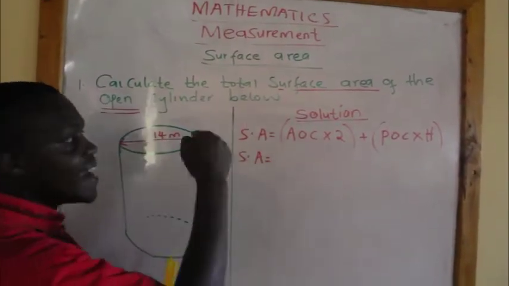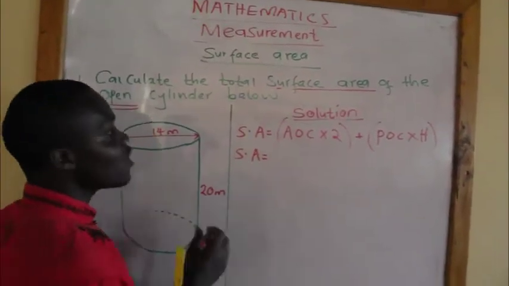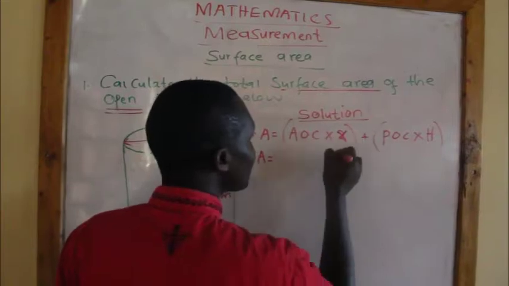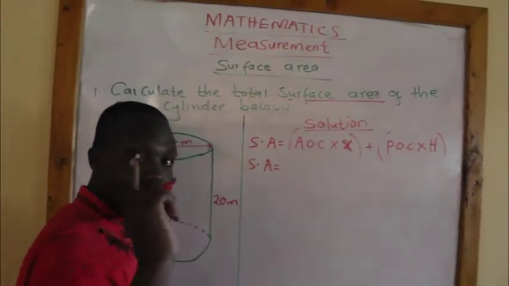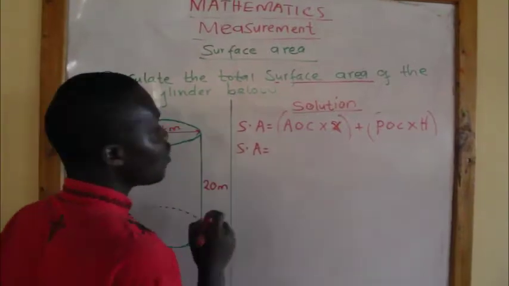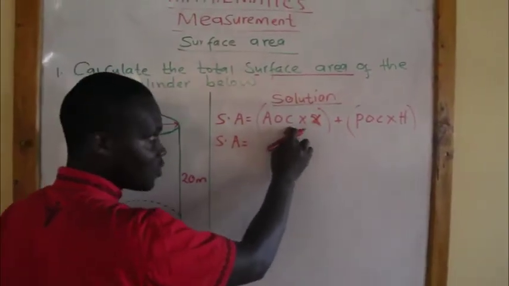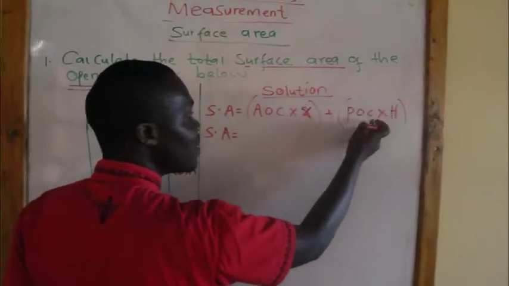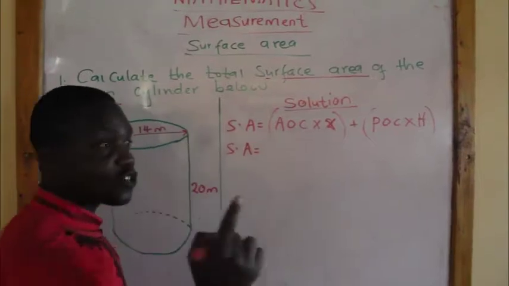Because the cylinder is open, we are not going to multiply by 2, because we have only one cross section. So we will just apply the area of the cross section plus the perimeter of the cross section times height. We shall delete our 2 because the cross section is 1.